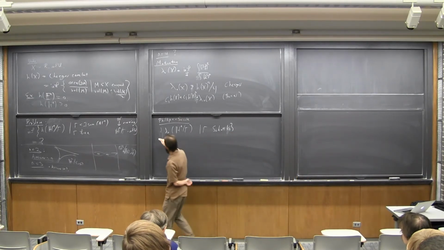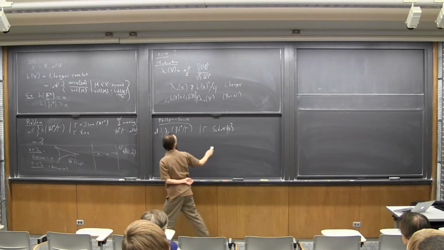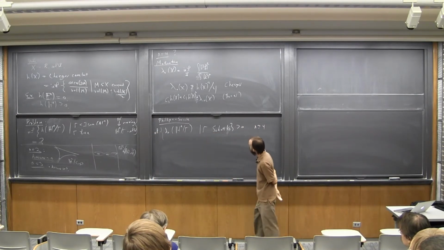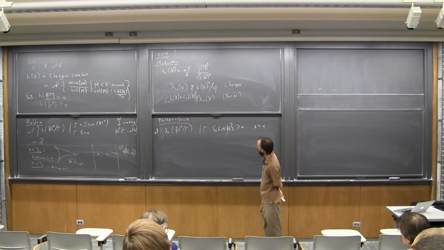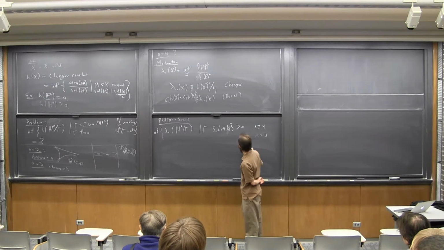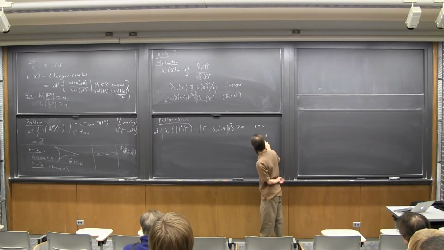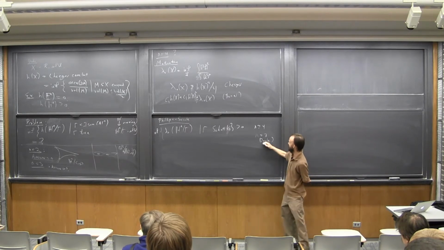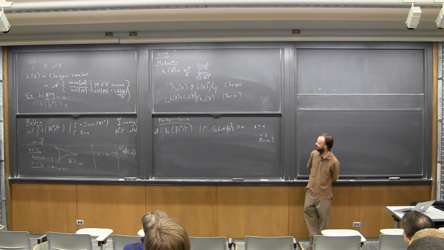And they showed that this infimum is positive when n is at least 4. And when n equals 3, this was handled by Doyle.